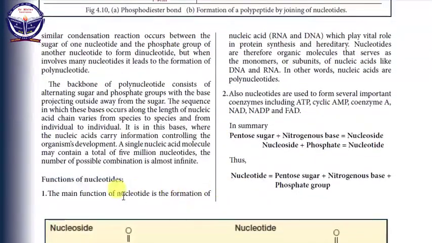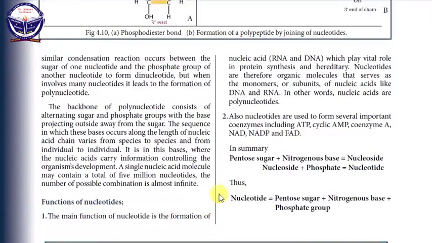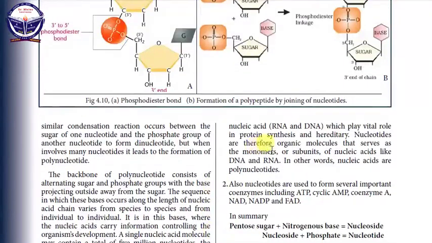So the function of nucleotide: the main function of nucleotide is the formation of nucleic acids, RNA and DNA, which play a vital role in protein synthesis and heredity. Nucleotides are therefore organic molecules that serve as the monomers or subunits of nucleic acids like DNA and RNA.